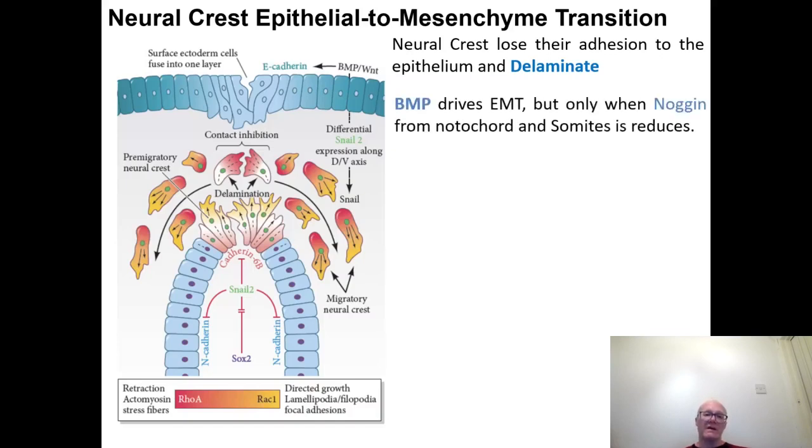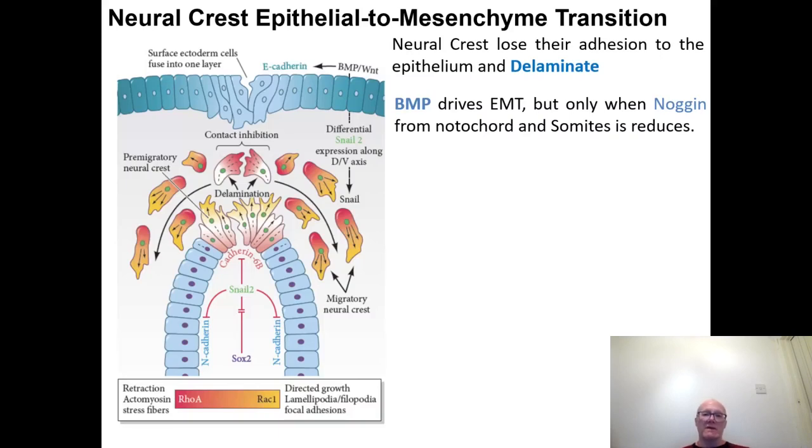To drive this epithelial to mesenchymal transition are BMP and Wnt signaling, especially from the epidermis. But this BMP and Wnt signaling become efficient, or can actually induce the epithelial to mesenchymal transition, only when the level of noggin from the notochord and the surrounding somites is reduced.